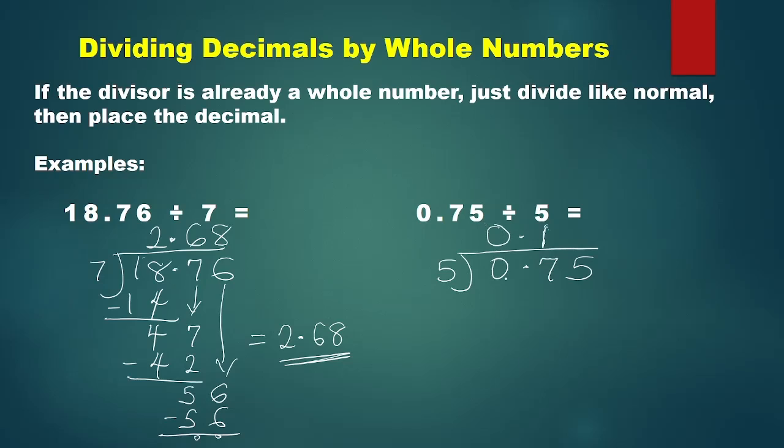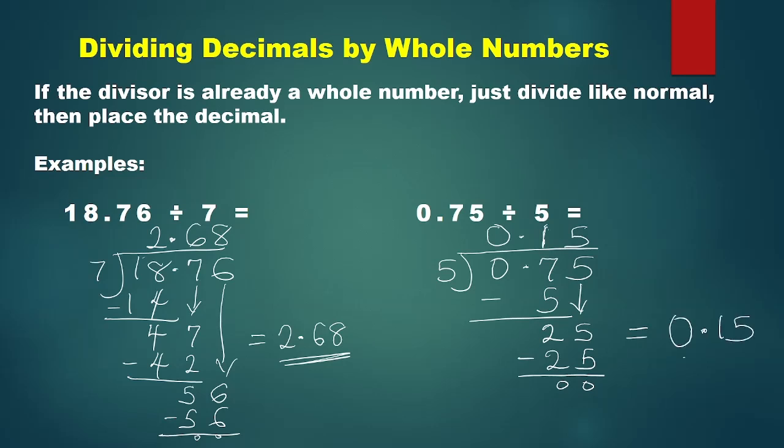So 1. 1 times 5 is 5. If I subtract, I'll have a 2. Then I'll bring down my 5. 25 divided by 5 is 5. And 5 times 5 is 25. If I subtract, I have 0. So therefore, the answer to this question is 0.153.